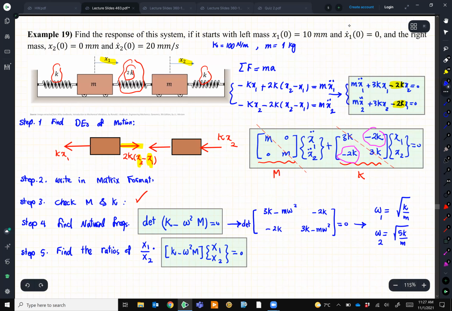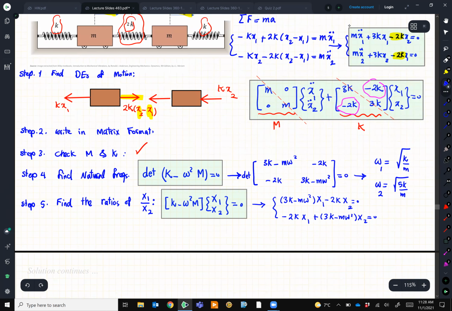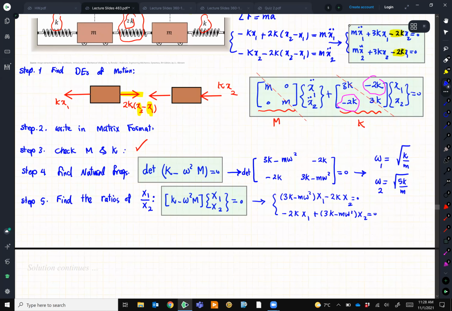From that, I'm going to have (3K minus M omega squared) x1 minus 2K x2 equal to 0, and minus 2K x1 plus (3K minus M omega squared) x2 equal to 0, right? Just algebra. I substitute the matrix K and matrix M, and multiply these two matrices. I've got these two equations.